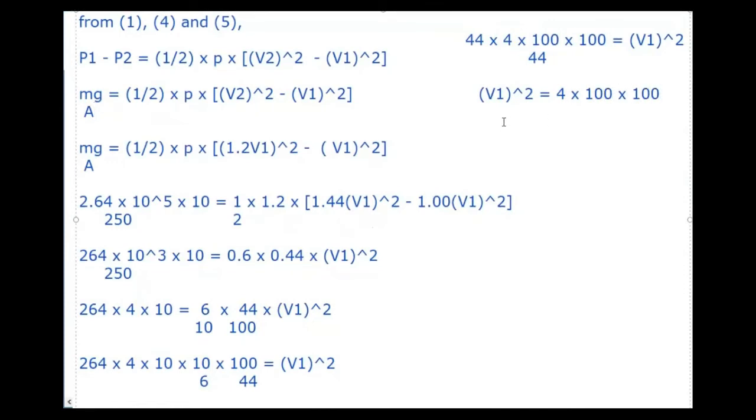If V1 square is this, what is V1? Then V1 is the square root of this number. What is the square root of 4 into 100 into 100?